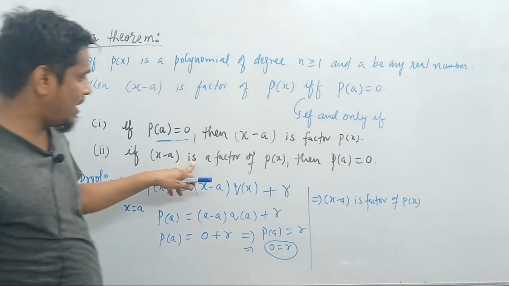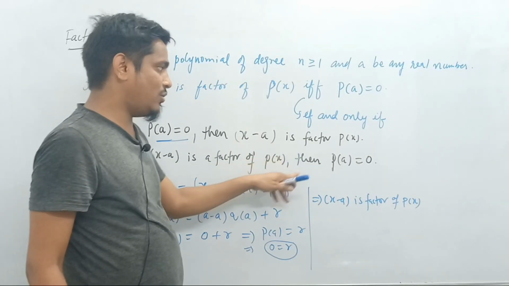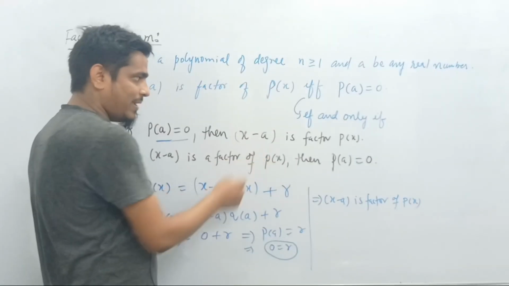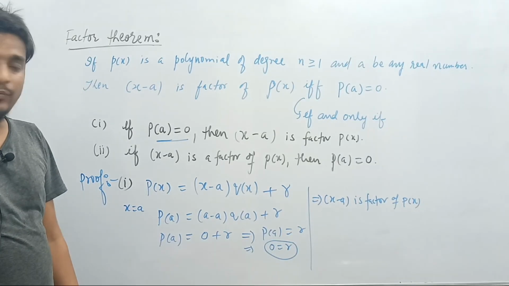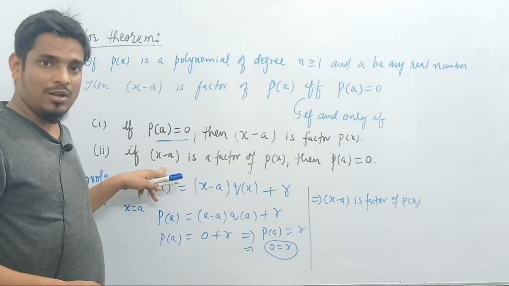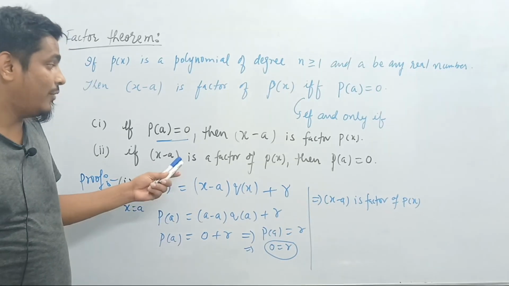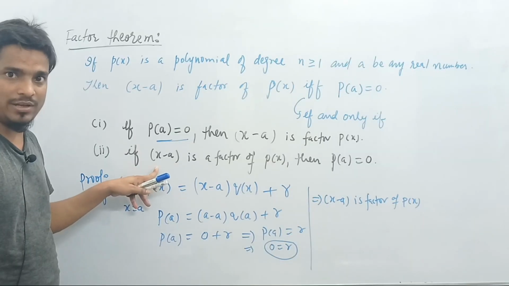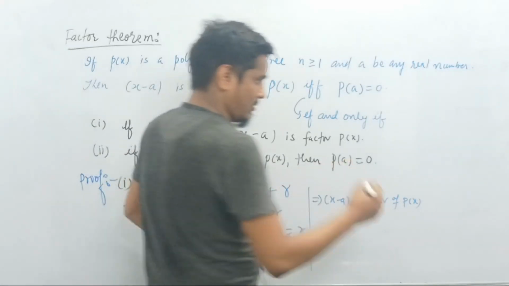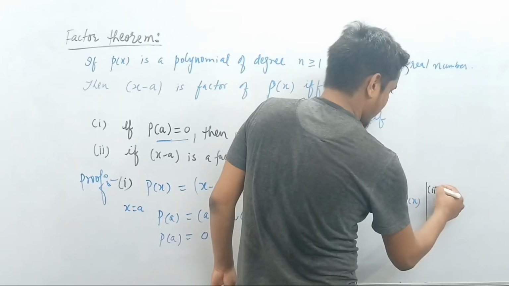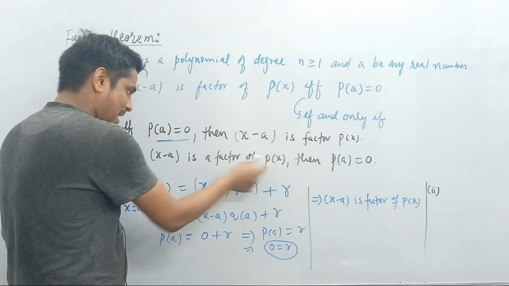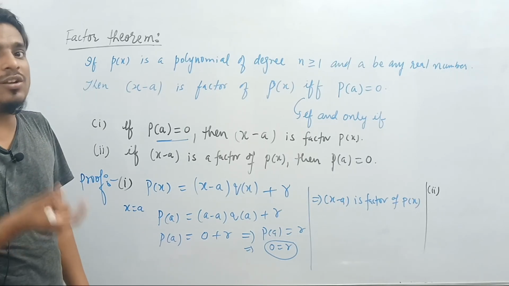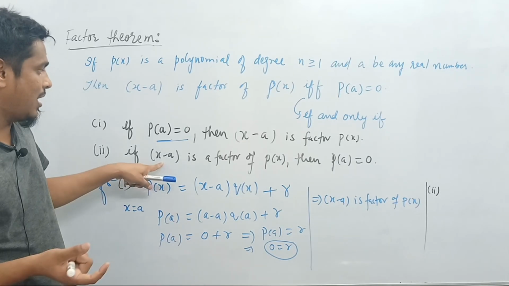Now let's see the proof for the second part. If x minus a is a factor of p(x), then we need to prove that p(a) is equal to 0. It means that when we divide p(x) by x minus a, we'll get remainder 0. Then only we can say this is a factor, when x minus a is completely dividing p(x). So when we divide p(x) by x minus a, we'll get a quotient as well as a remainder, but in that case the remainder is 0 because this is completely dividing p(x).